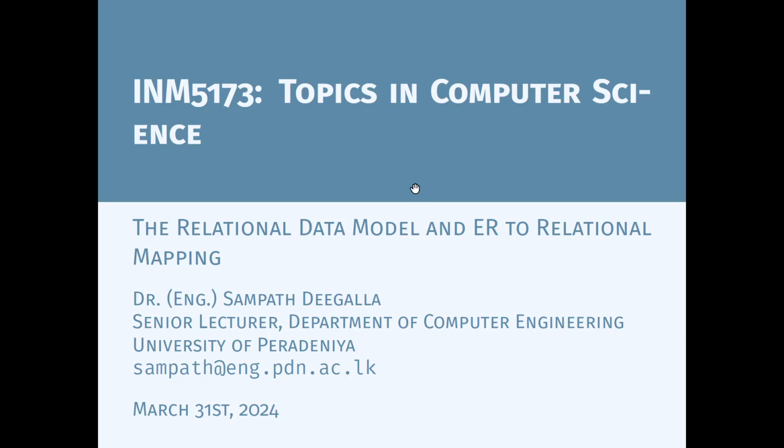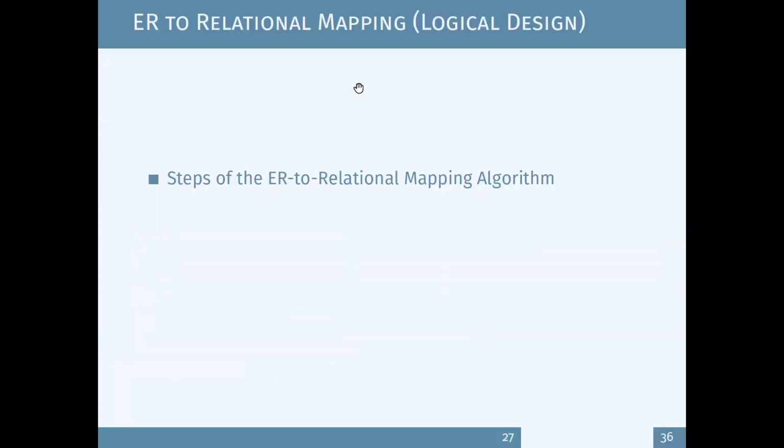Now, given the mapping part, we need some method to start with. So given you have an ER diagram, let's look at the steps to convert this to a relational schema.